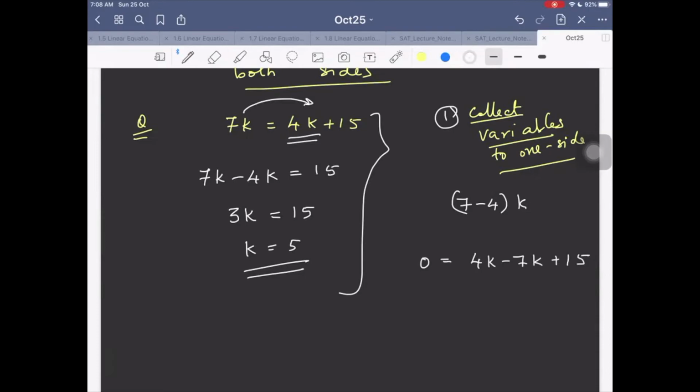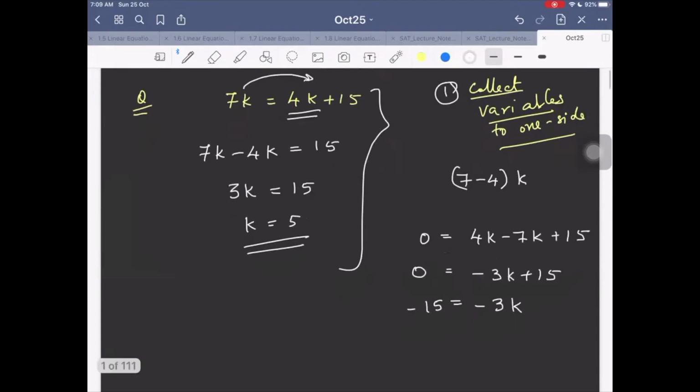Now 4k minus 7k is minus 3k plus 15 is equal to 0. Now let's take 15 to the other side. So it's minus 15 is equal to minus 3k. Now you can get rid of the minus 3 by dividing throughout with minus 3. So you have k is equal to minus 15 divided by minus 3. The answer is 5 again.